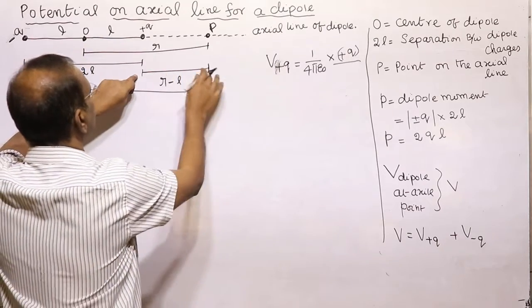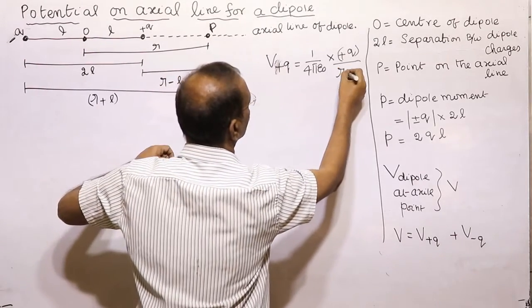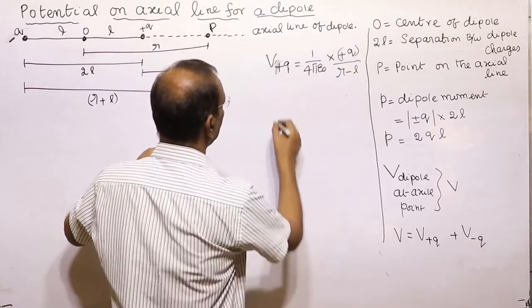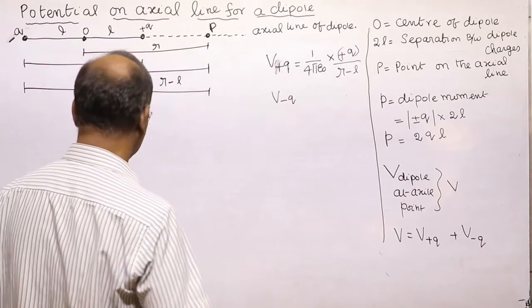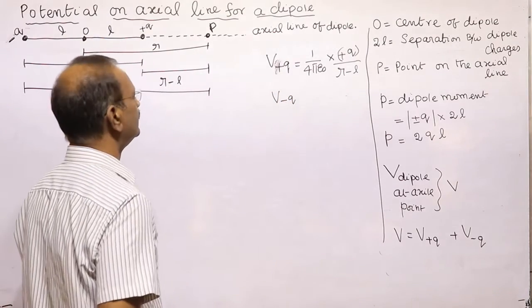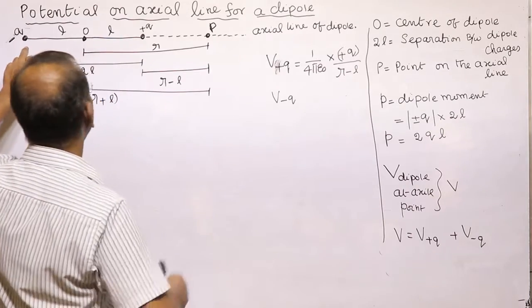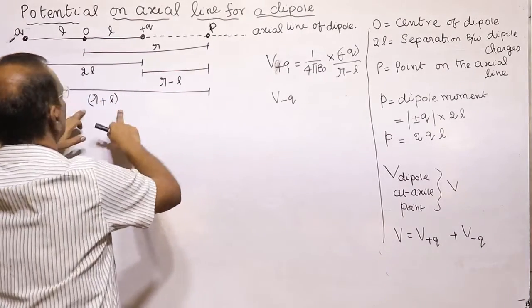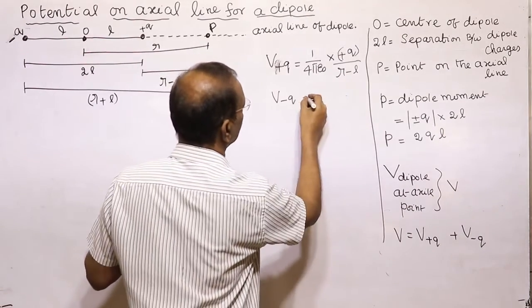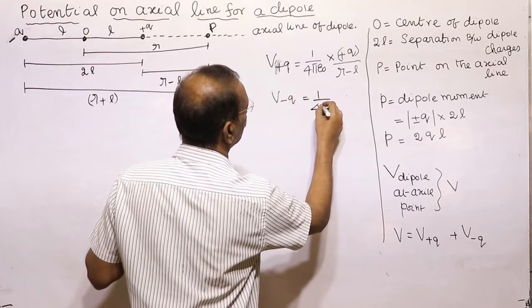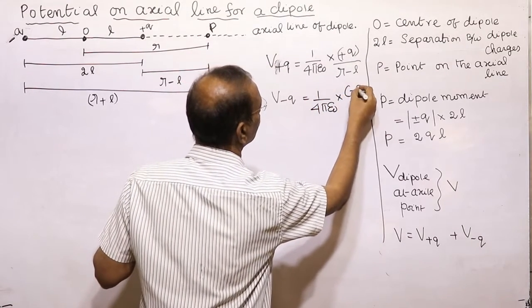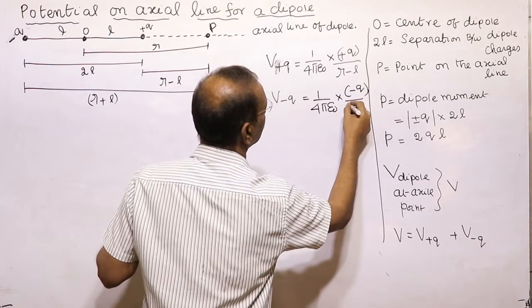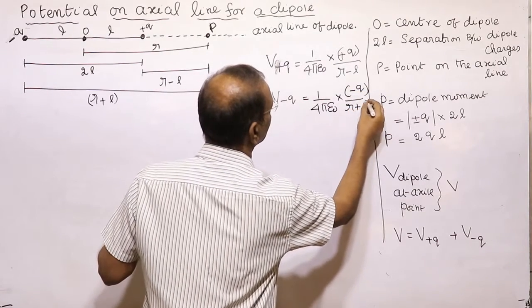This distance is r minus L. And V due to minus Q: what is the distance? The distance of minus Q from here is r plus L, so the potential is 1 by 4 pi epsilon naught into minus Q divided by r plus L.